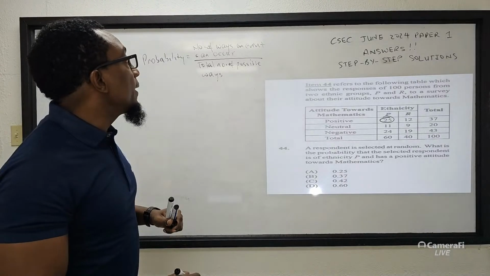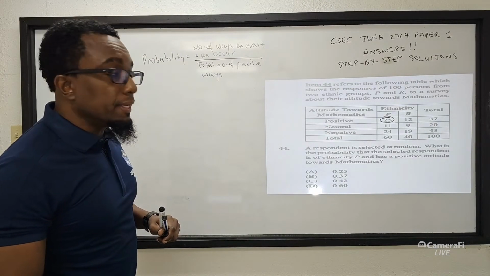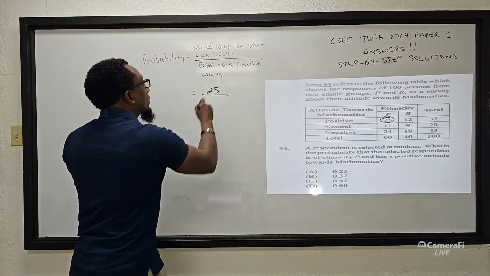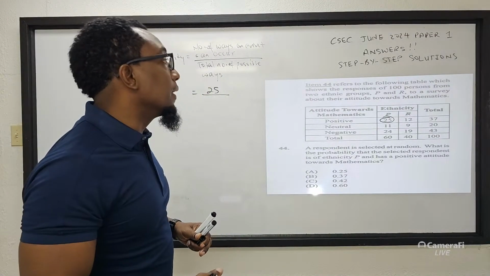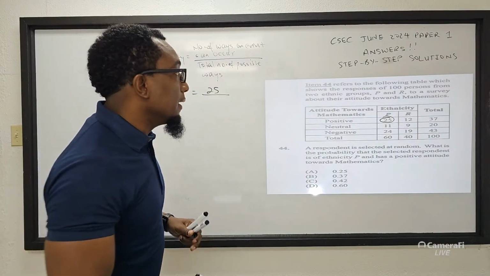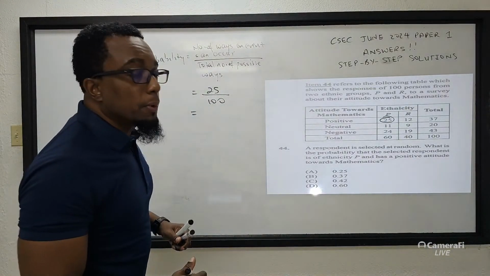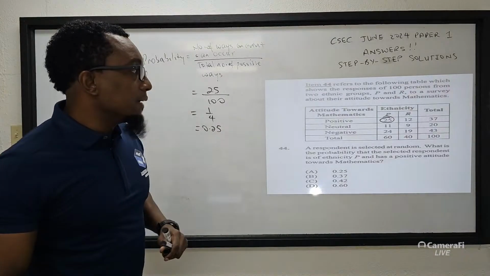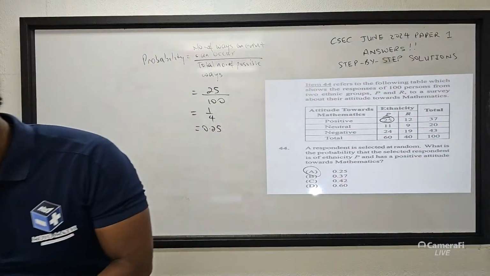So that's the number of ways in which we can have respondents of ethnicity P with a positive attitude. We have 25 of them, all over the total number of possible ways, the total number of respondents, which will be 100, from both groups. So the probability here will be 25 over 100, which is a quarter, and that is 0.25, whose answer is E. So 44 is E.